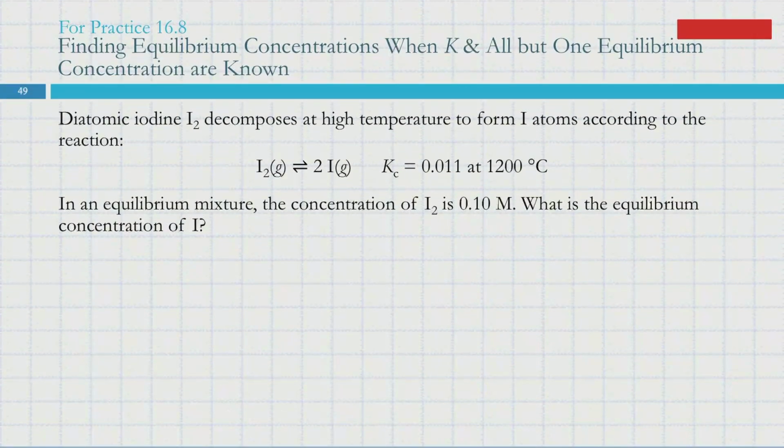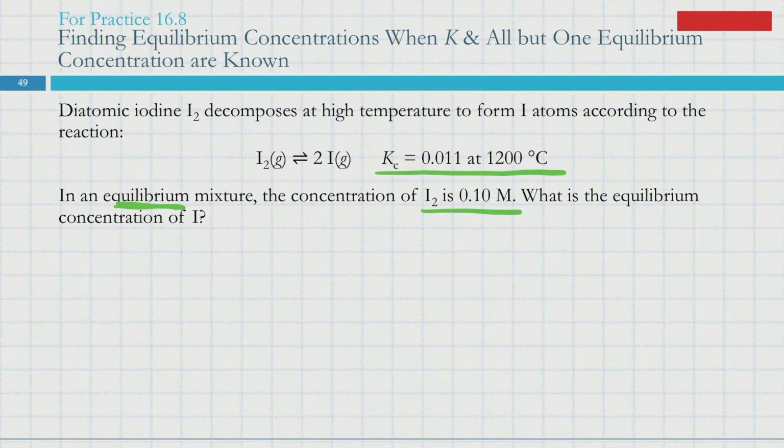So we'll start off with that first case where we know everything except for one of the equilibrium concentrations. So for diatomic iodine decomposing to monatomic iodine atoms, we know the Kc, and we know in an equilibrium mixture the concentration of I2 is 0.10 molar. We're going to start by writing out our Kc, our equilibrium constant expression.